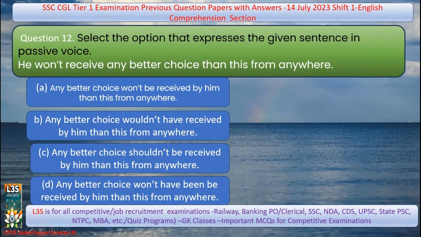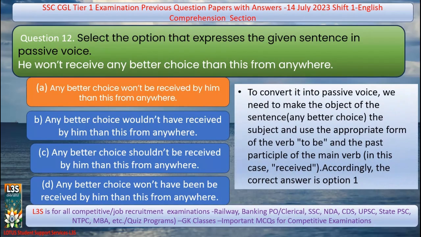12. Select the option that expresses the given sentence in passive voice. He would not receive any better choice than this from anywhere. And the right option here is A. Any better choice would not be received by him than this from anywhere.